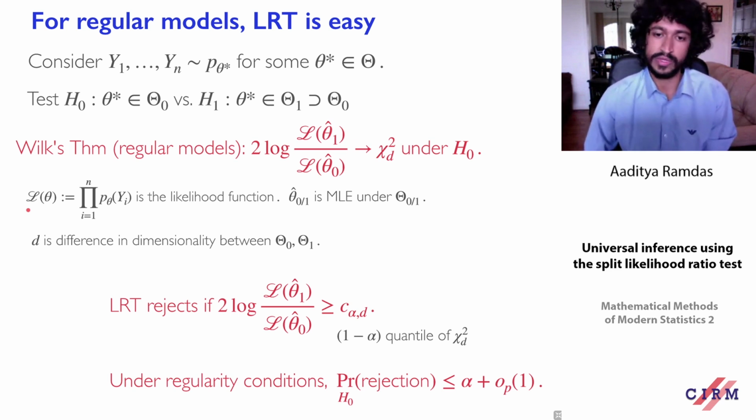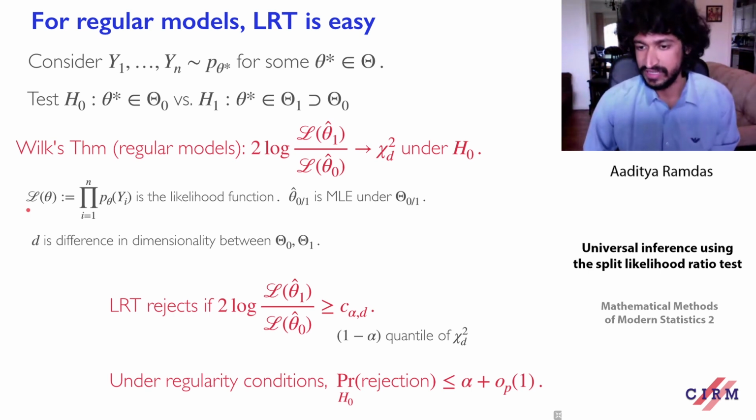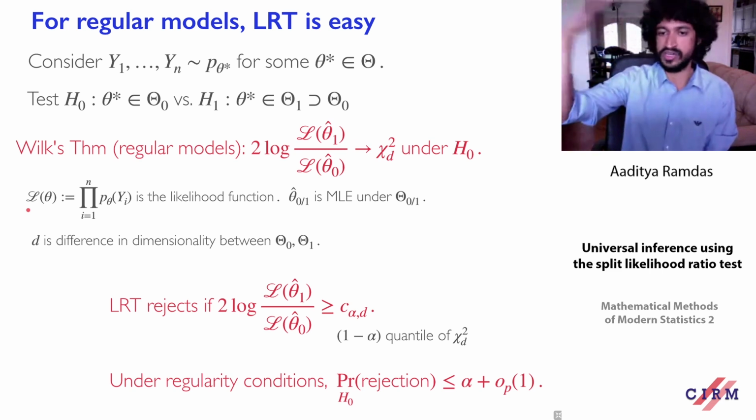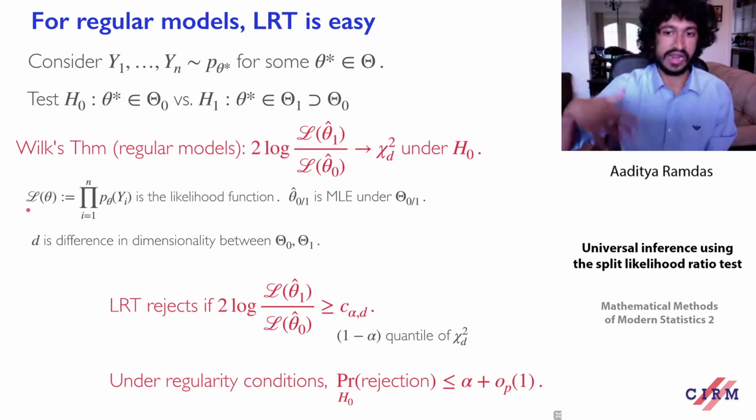Based on this, we use the likelihood ratio test, which rejects if 2 times this log likelihood ratio of alternative to null is larger than c alpha d, where that's the 1 minus alpha quantile of the chi-squared d distribution. Essentially, the numerator is the alternative, the denominator is the null likelihood.